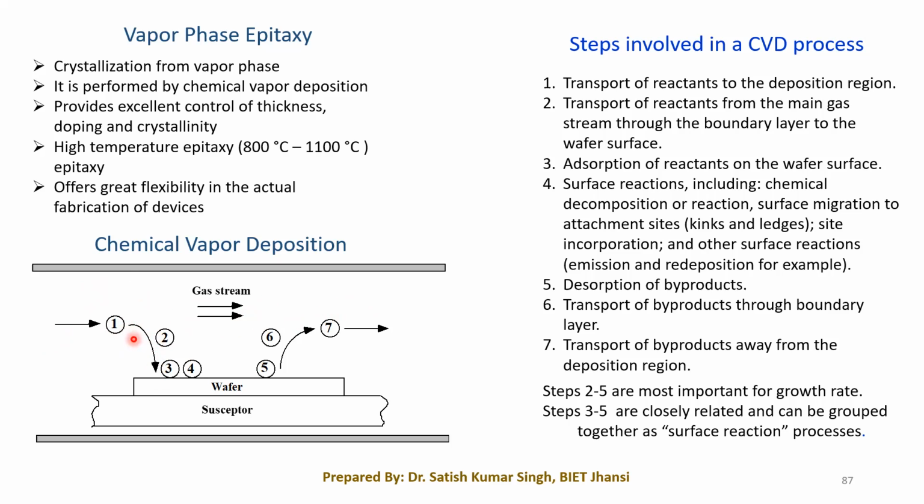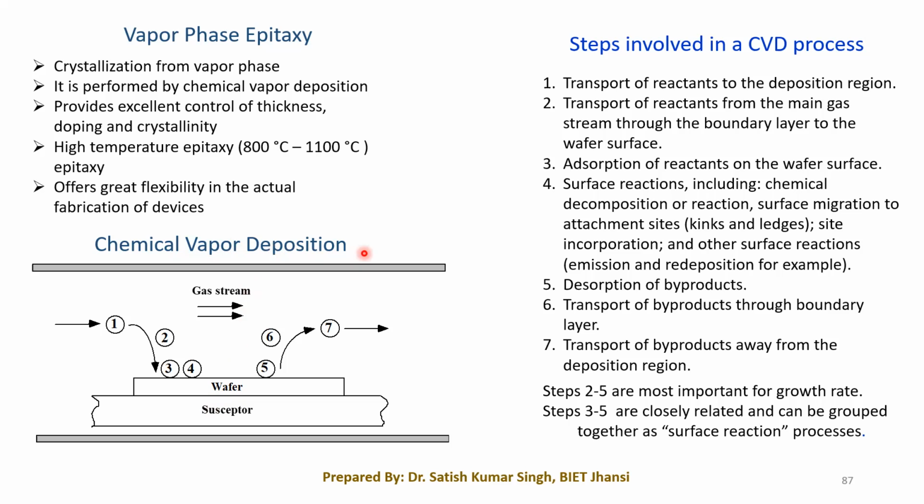You can see that in this gas stream passing like this, some of the gas will be taken to the wafer surface. Now, this susceptor or wafer will be heated. There will be a certain heating mechanism. Based on it, it can be a cold wall system or a hot wall system.